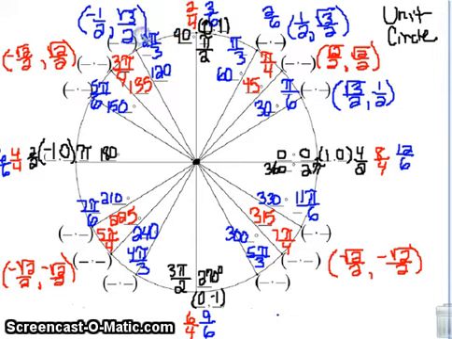Sorry. What's 5 pi over 6 going to be? Negative square root of 3 over 2 and 1/2. 7 pi over 6 is going to be negative square root of 3 over 2 and negative 1/2.